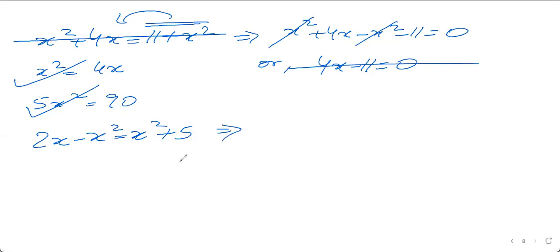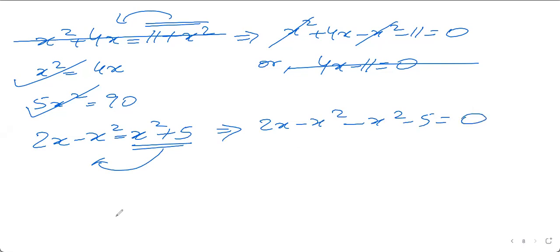Do the same thing. Simplify. Move this whole RHS to the left hand side. So 2x minus x square minus x square minus 5 equals to 0. रहने दो 2x को यहीं पर. Minus x square is minus 2x square minus 5 equals to 0. Now see what the degree is. The degree is 2.